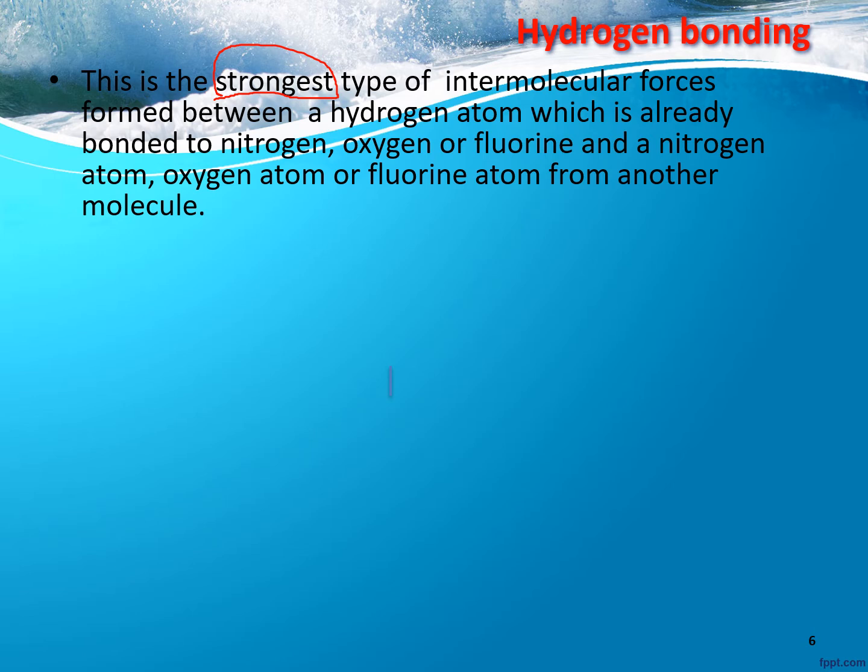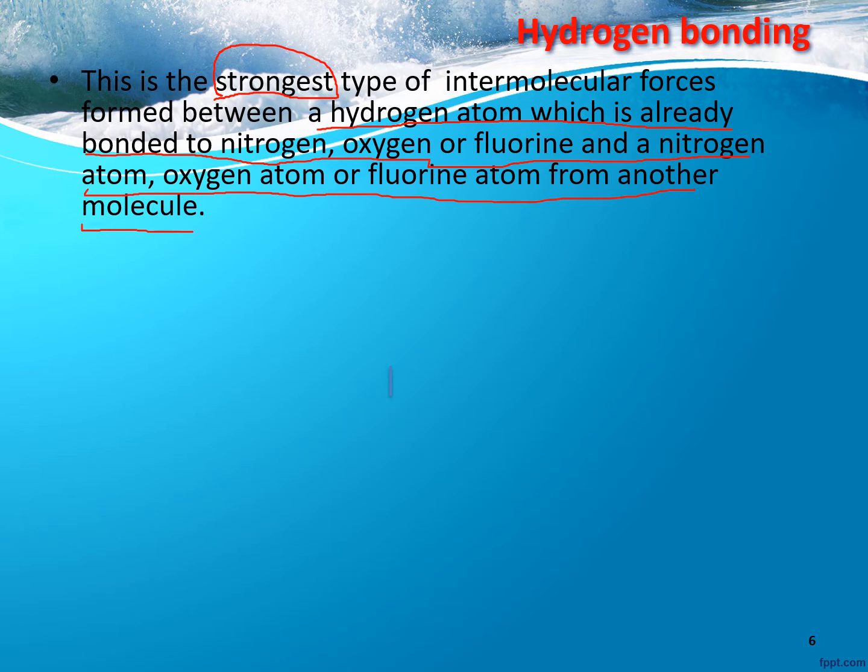Here we have the key words for our definition of hydrogen bonding, because sometimes the definition may be confusing, but here you have to always remember that it is between a hydrogen atom.